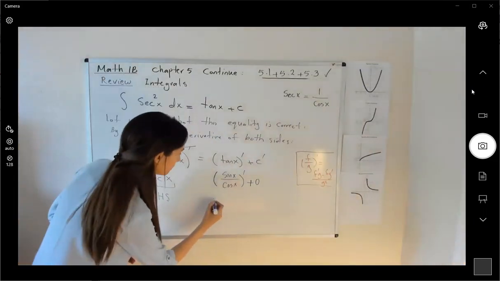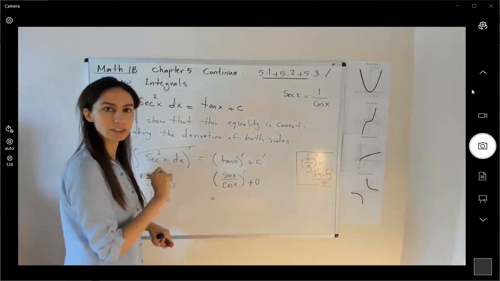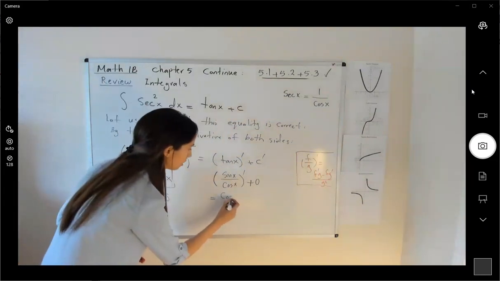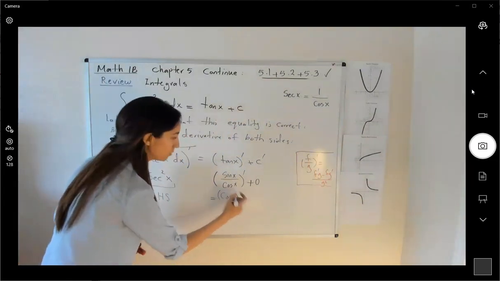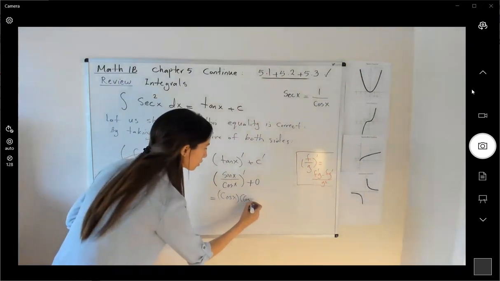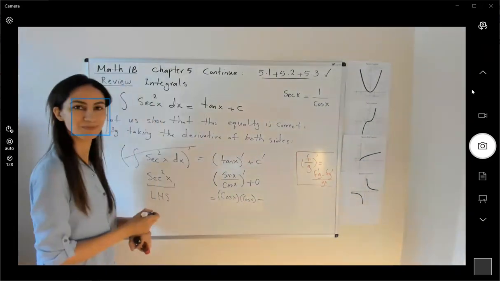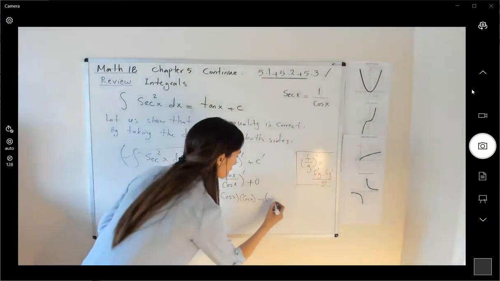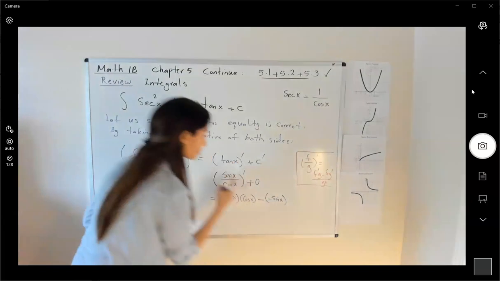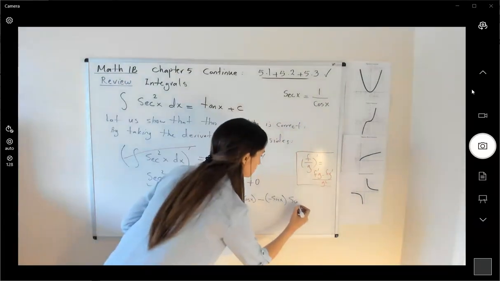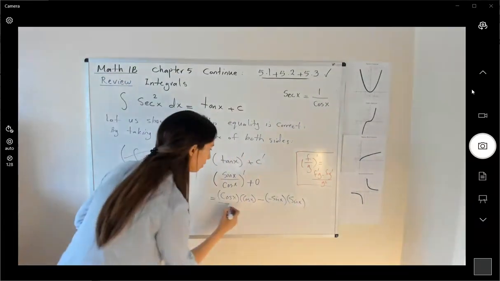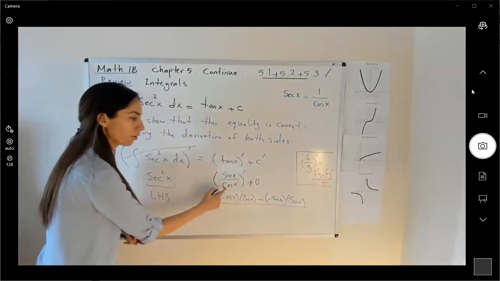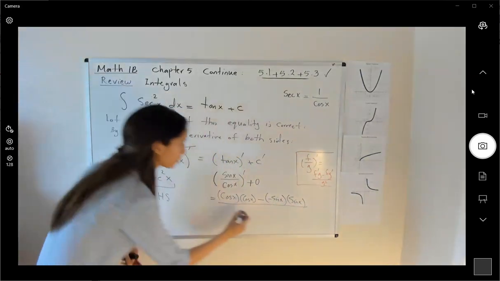This is equal to the derivative of sine, which is cosine, times your denominator, which is cosine, minus the derivative of cosine, which is minus sine, so you get minus sine times sine. The whole thing is divided by cosine x raised to the second power.